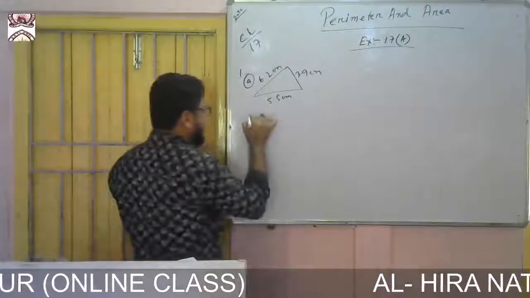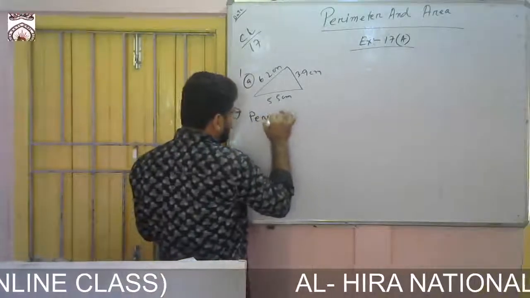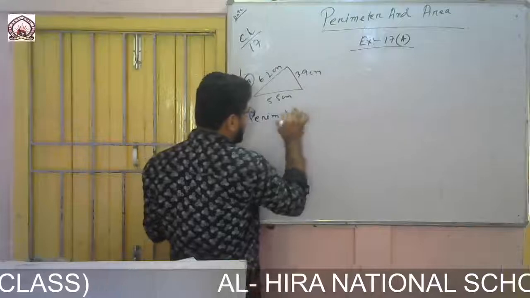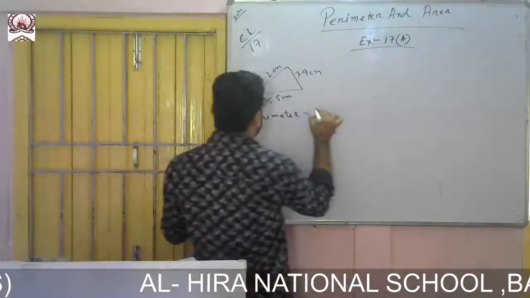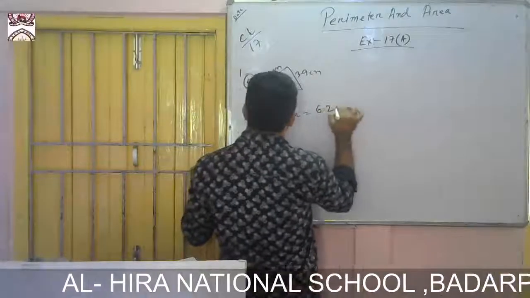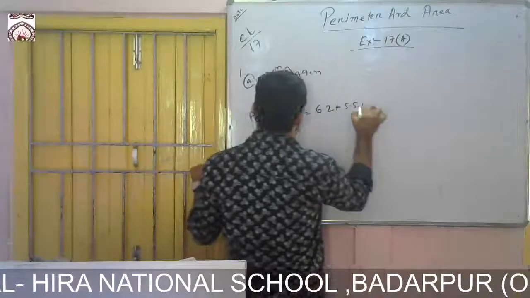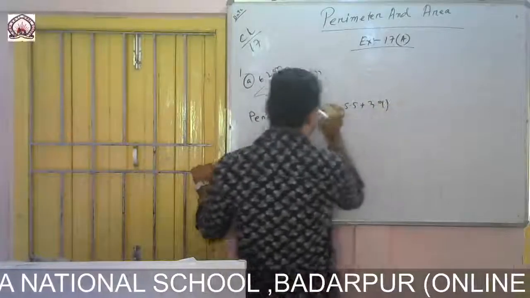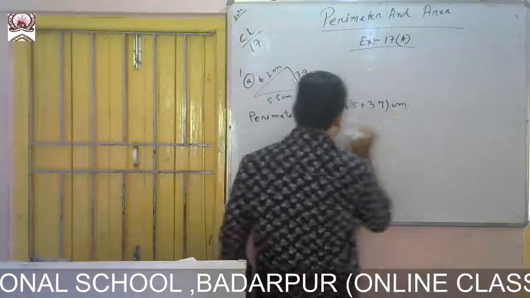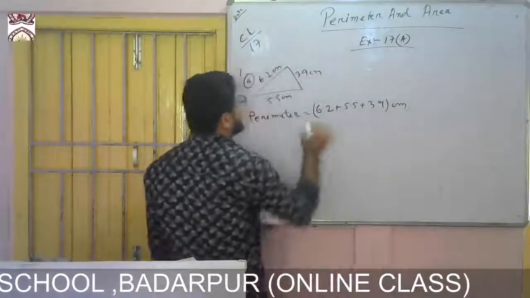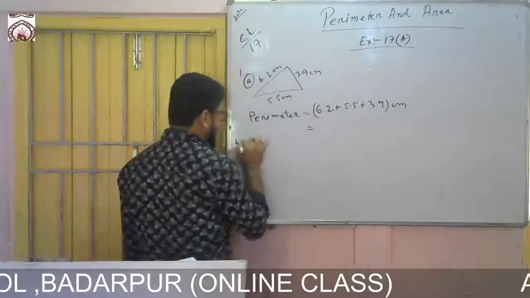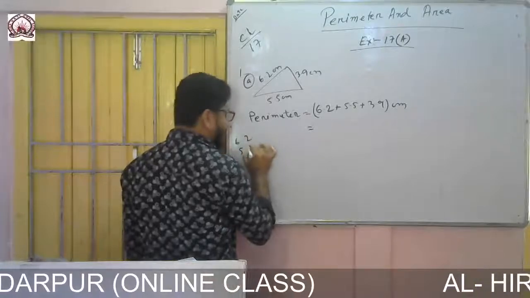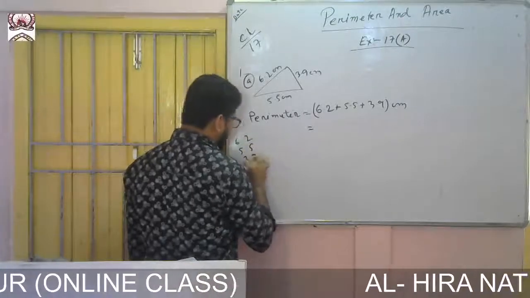So write perimeter equals to 6.2 plus 5.5 plus 3.9 centimeter. Okay, add it, you will get the answer. So you see 6.2, 5.5, 3.9.